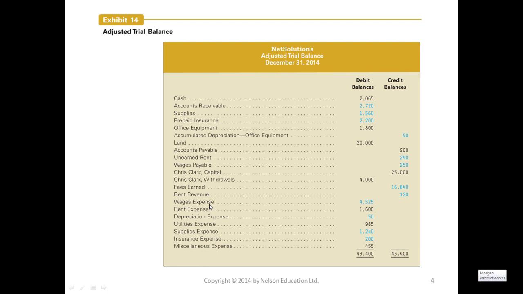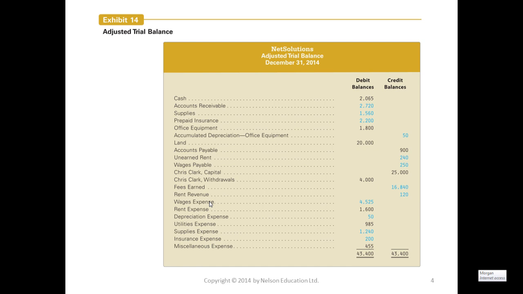So our wages expense would be too low, and our wages payable would be too low. They would both be understated. As I said in the last one, revenue minus expenses equals net income. So if our expenses are too low, our net income will be too high or overstated.